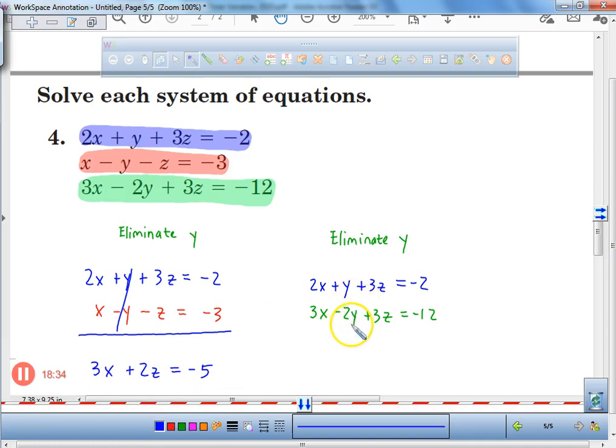Check this out. That says a -2y. So what's the only thing that cancels out a -2y? Positive. That's why I'm going to take the top equation and multiply it by 2.